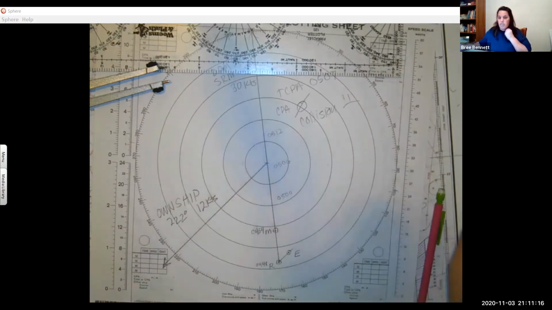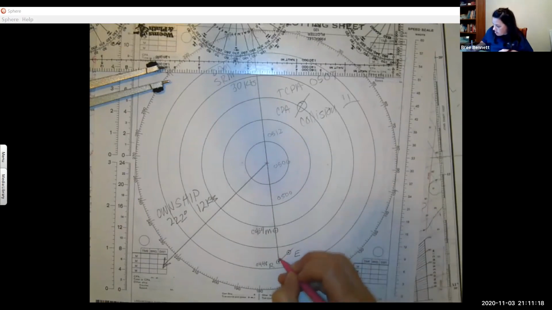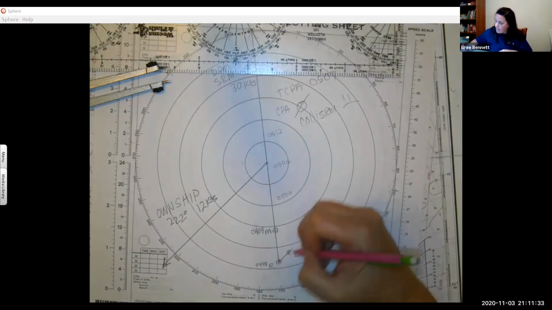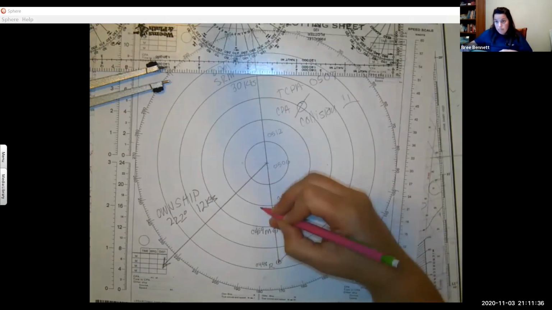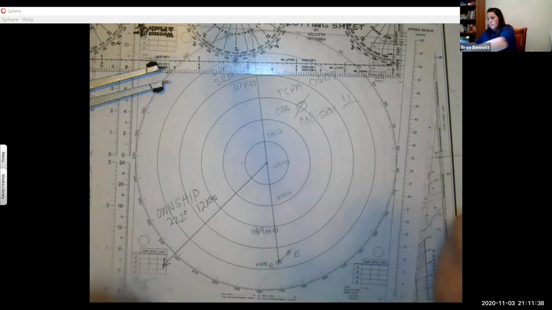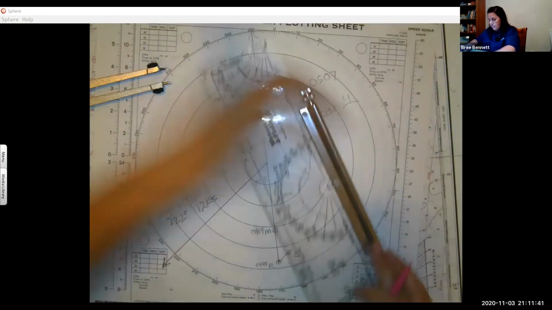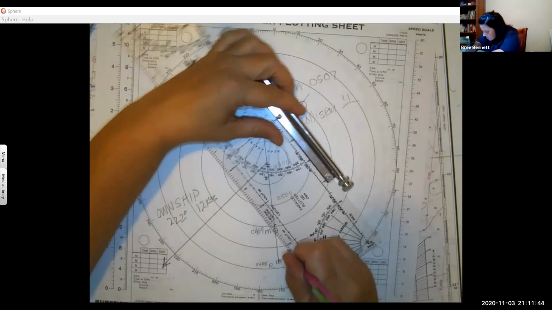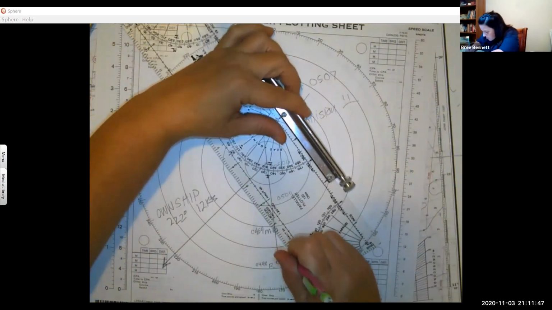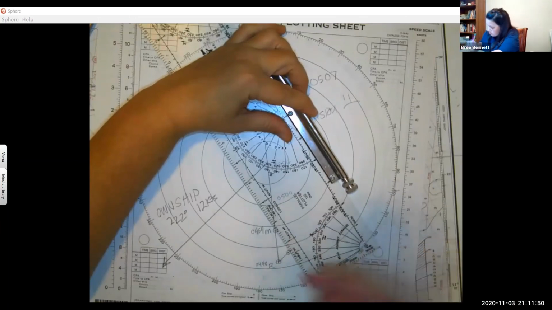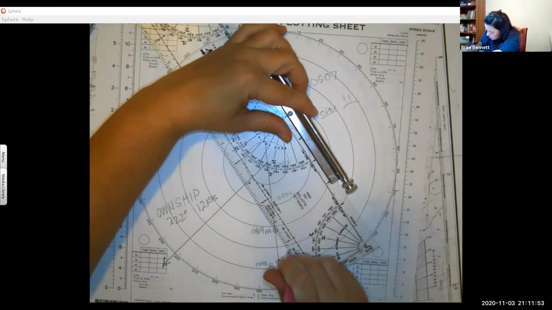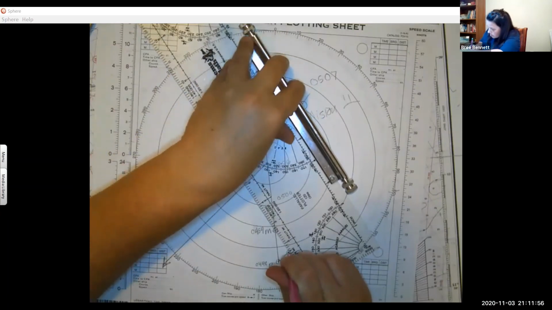So E to R is my own ship. So I am headed in the direction of 222 at 12 knots. E to M is them, what they are doing. So we're going to connect E to M. I don't know why I can't do this tonight.